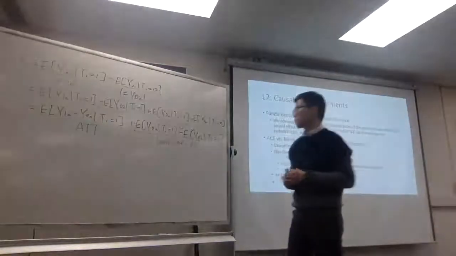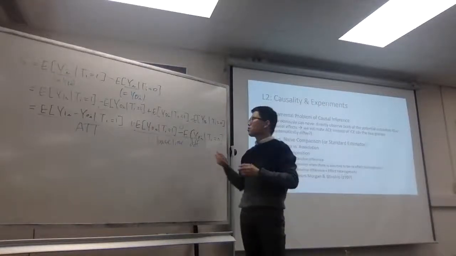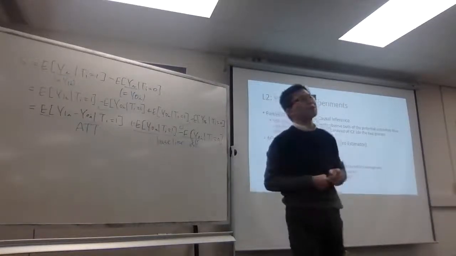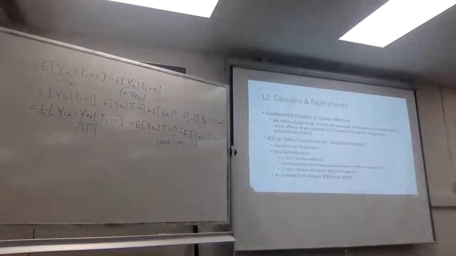Sorry, I'll repeat that. An example of baseline differences is that Catholic school students have different potential outcomes when they're not treated from the potential outcomes of public school students when they're not treated in the first place.